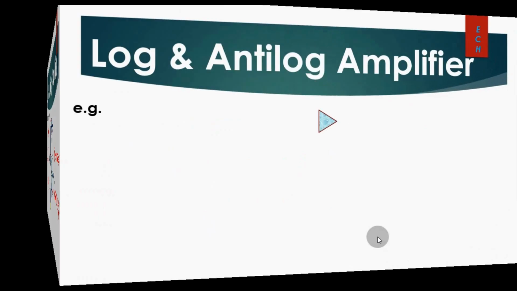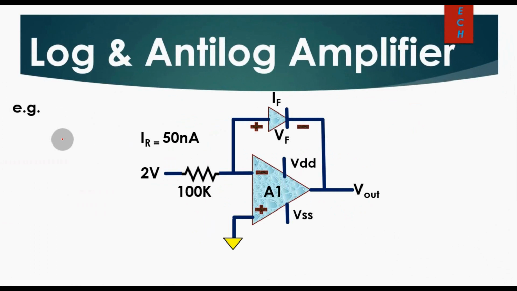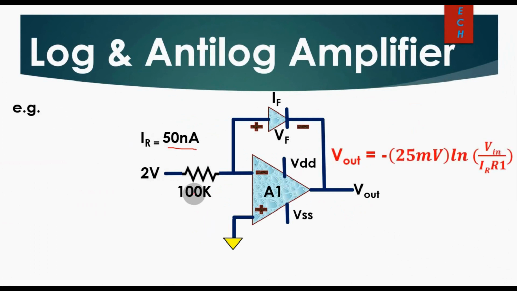Okay, let us consider one example here. Let us say your reverse leakage current is 50 nanoampere, your input signal is 2 volt, and this resistor R1 equals 10k. How will you find the value of V out?